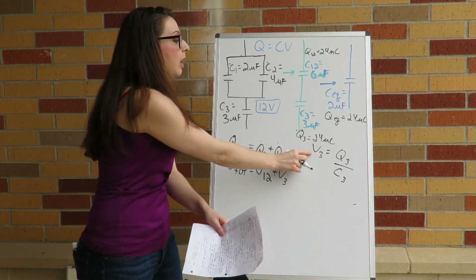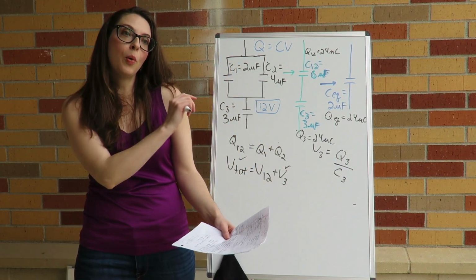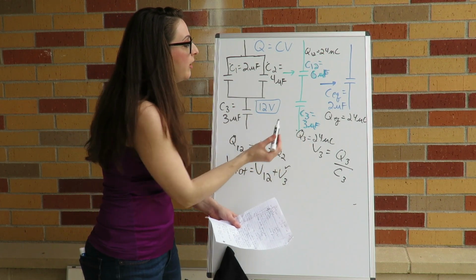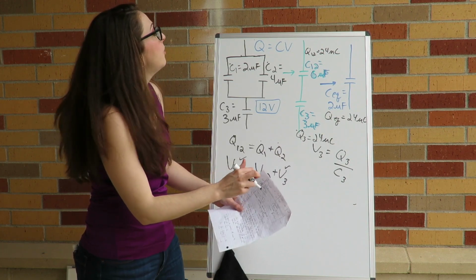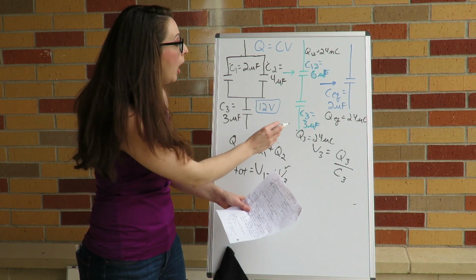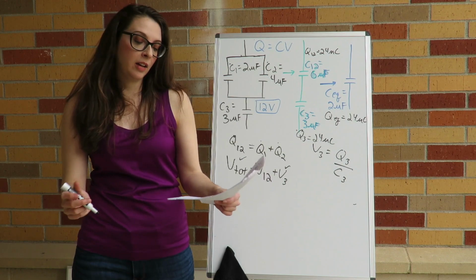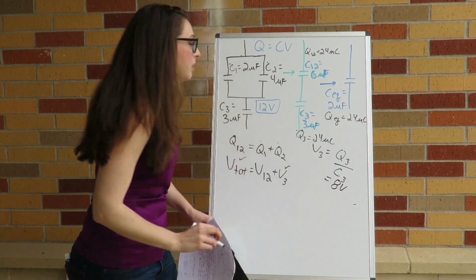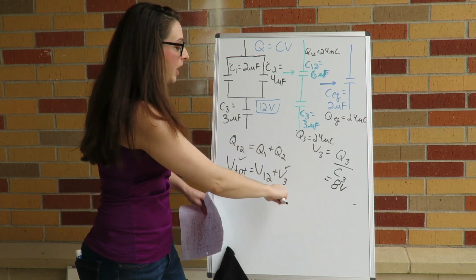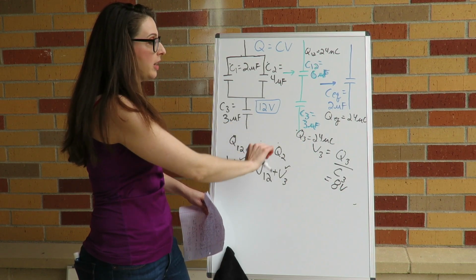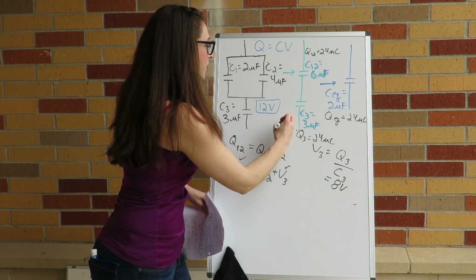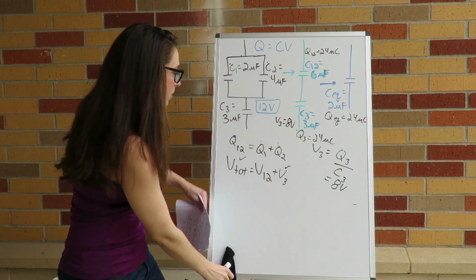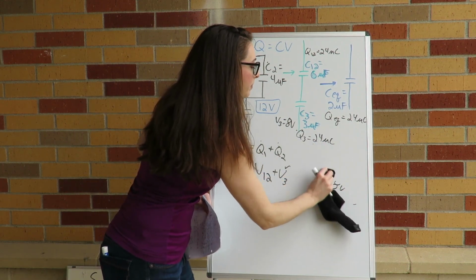Okay, so the potential difference for our third capacitor here is going to be our 24 microcoulombs divided by our 3 microfarad capacitance, and that gives us 8 volts. Okay, so V3, or potential difference across capacitor 3, is 8 volts. And so I'll also write that here. V3 is equal to 8 volts. So I can erase this so I have more room.